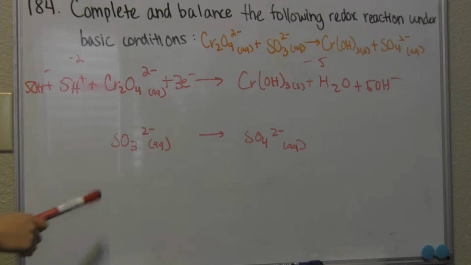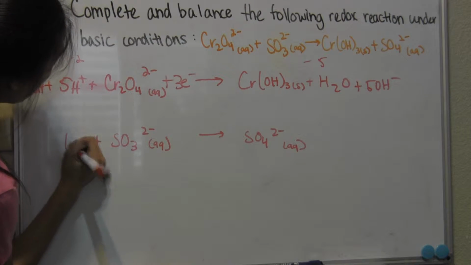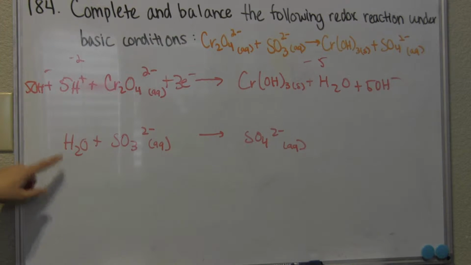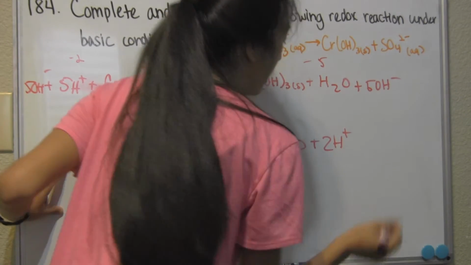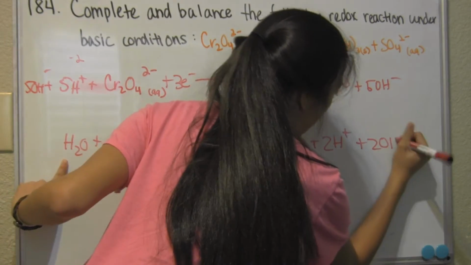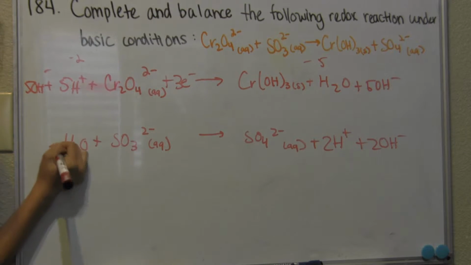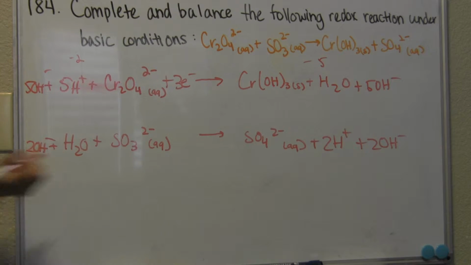So now let's balance out the SO3 2- and the SO4 2-. On this side we can add an H2O to balance out those oxygens. Now we have 2 hydrogens that we can add on the product side, plus 2 hydroxide ions.